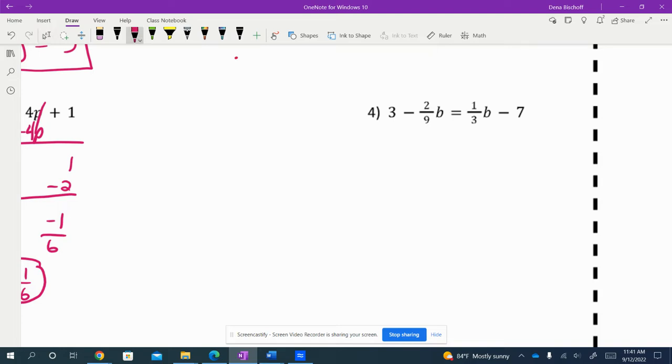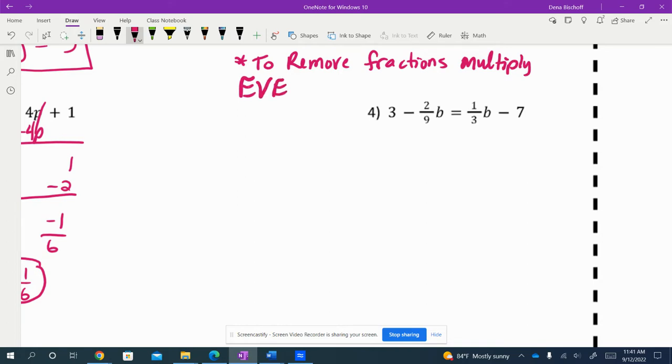So I'm going to write a little note here that says to remove fractions, you multiply every term by the common denominator.